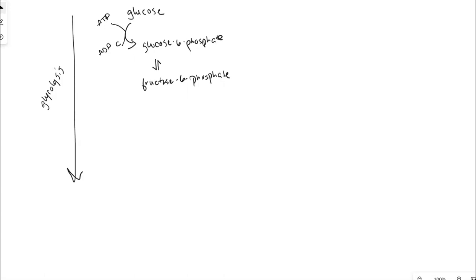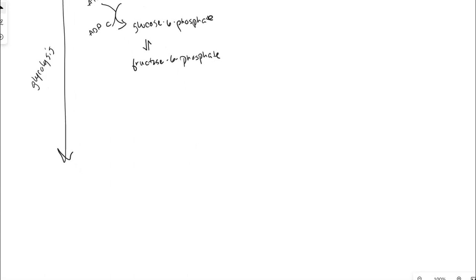Remember, we're starting to reorganize the ring structure, so we have a pseudoplane of symmetry with a 5-membered ring, so we can divide it, and the fructose 6-phosphate then undergoes a second phosphorylation, also being coupled to ATP. And we're going to get that fructose 1,6-bisphosphate.